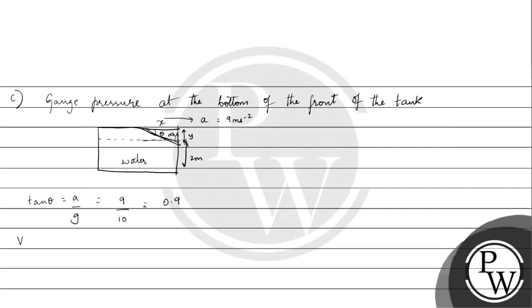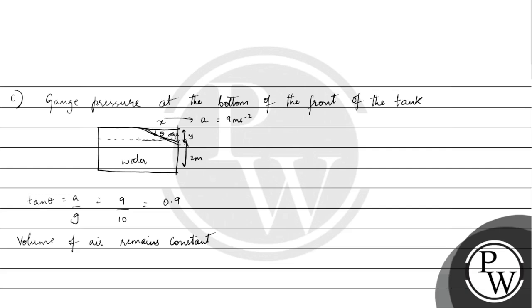So volume of air तो constant रहेगा, so volume of air remains constant क्योंकि ये sealed है, so whatever is the volume of air, that has to remain the same.